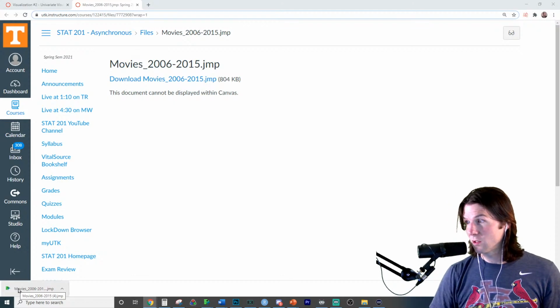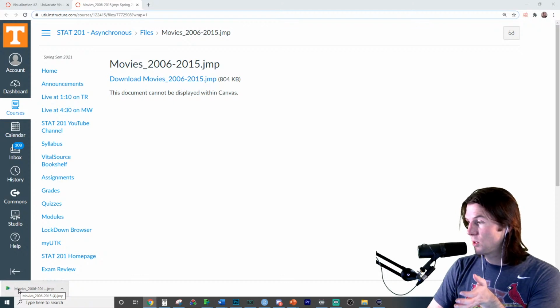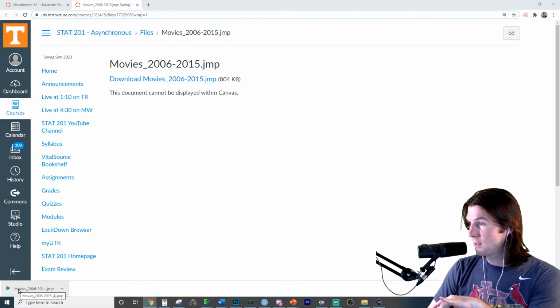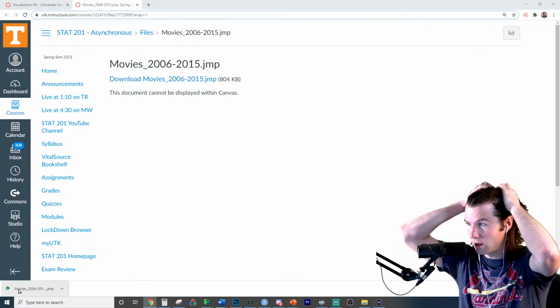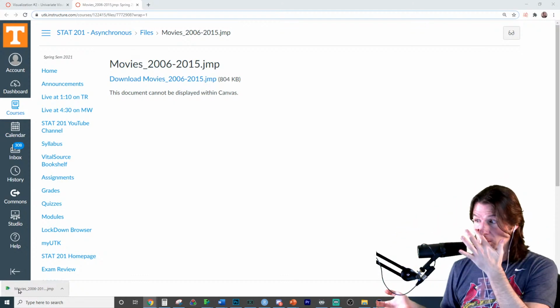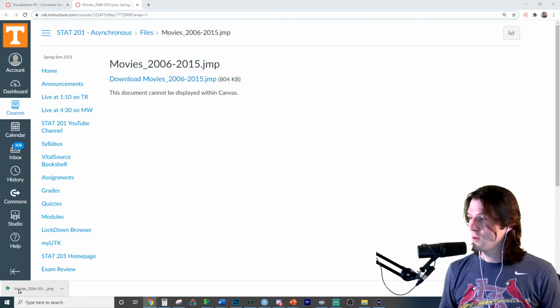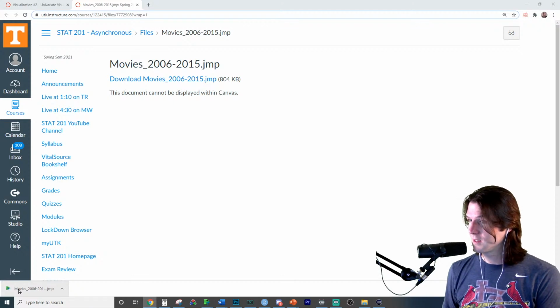That means JMP is associated with it. If it says there's no program associated with it, please click the Install JMP playlist and install JMP. I just sent the playlist in the chat if you're watching this in the future or right now and you don't have JMP installed. If you have a license issue, there's a video in the playlist on how to install the license. Let me know if you just can't get it working.